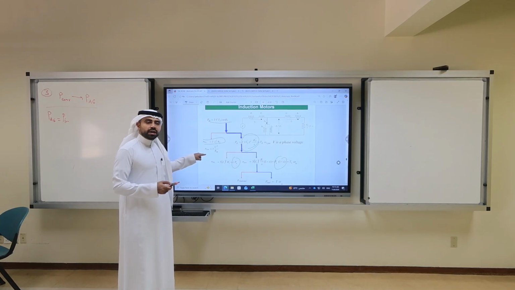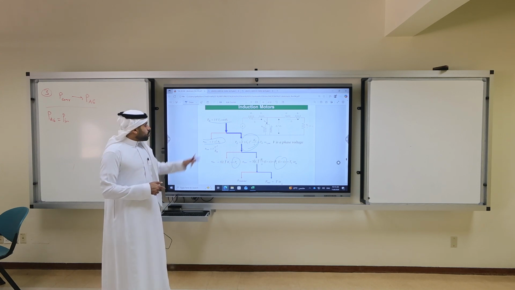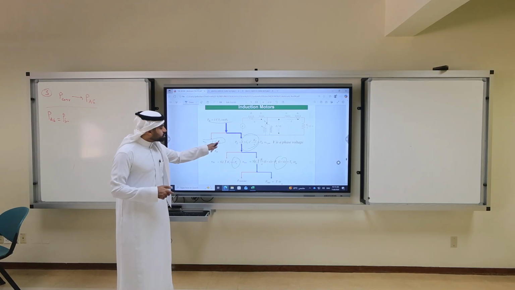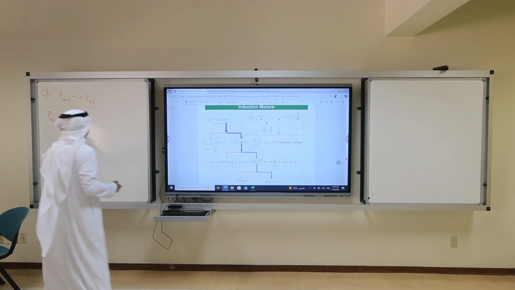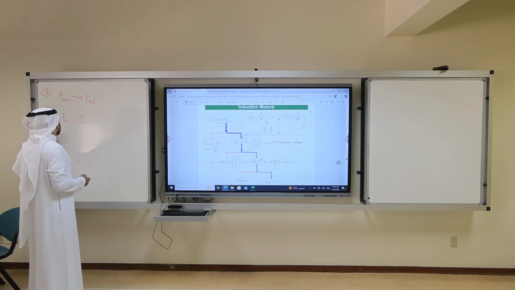What is the P core in example 3? What is RM? Infinity. V square over infinity becomes 0. So ignore core losses. What is the PSL? 3 I1 squared R1. What is the input power?